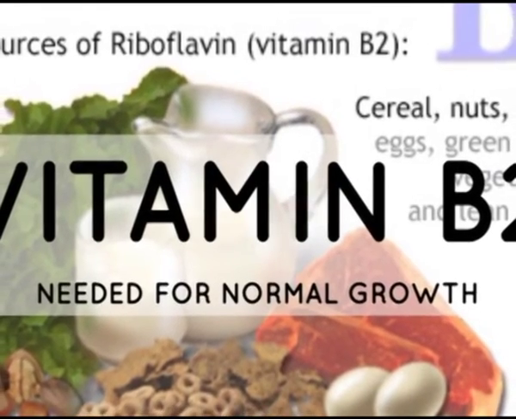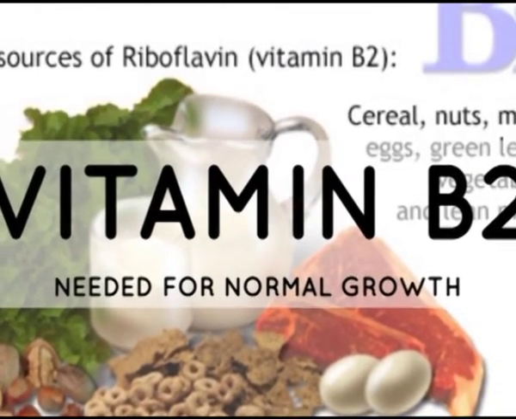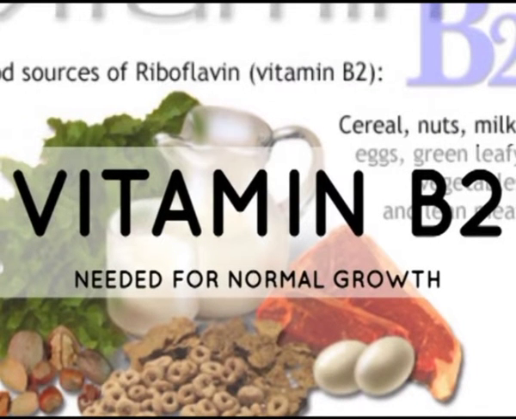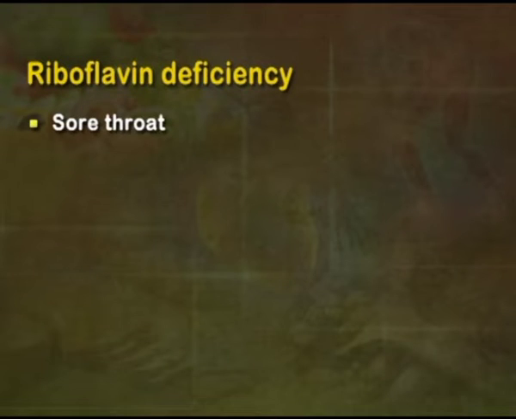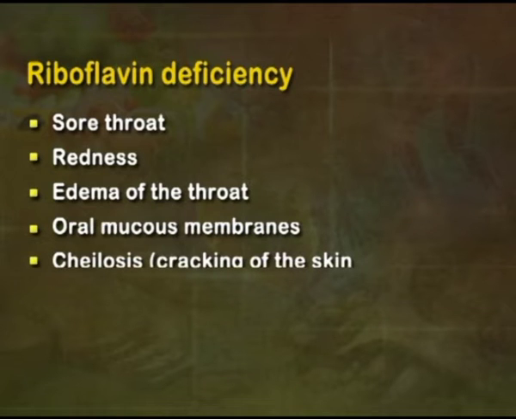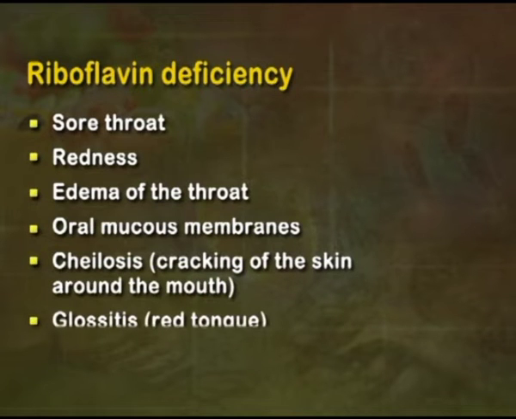Coming to the next water soluble vitamin, riboflavin, which is also called vitamin B2. This was the second vitamin discovered and it was named vitamin B2 or riboflavin. Most dietary riboflavin is consumed as a complex of food protein. Signs of riboflavin deficiency are sore throat, redness, edema of throat, oral mucous membranes, cheilosis and glossitis.